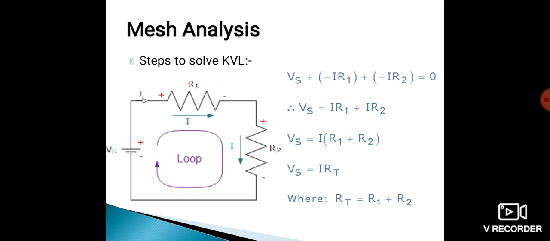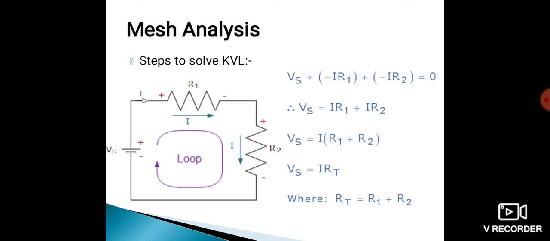Now we will see how KVL is applied in the circuit. As you can see, first we mark a current flowing in the loop, that is I, which is represented with the purple line. Now we will see the direction of current flow.